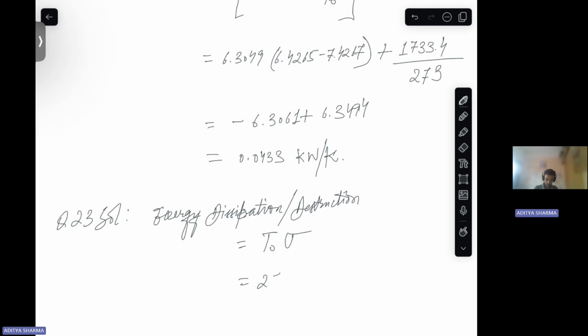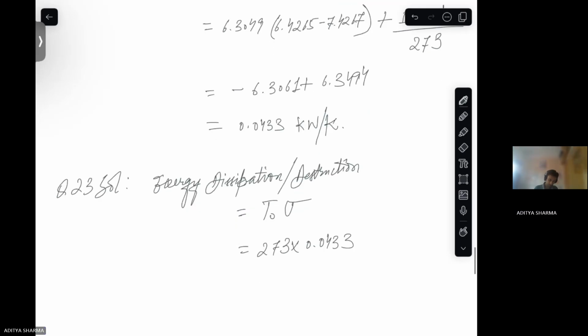And this comes out to be this kilowatt, right?